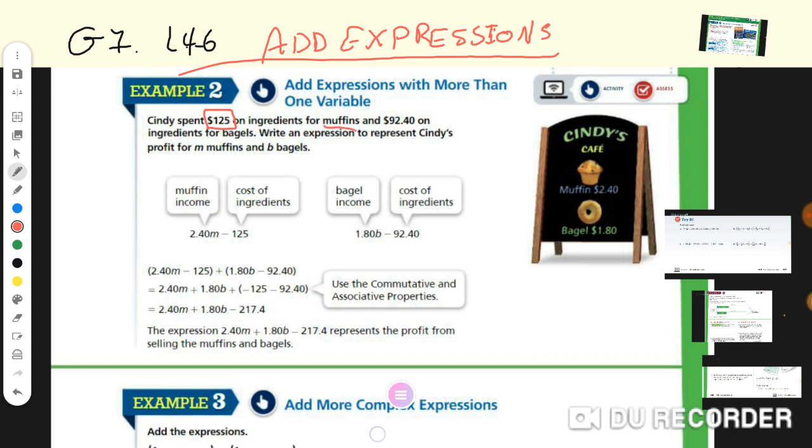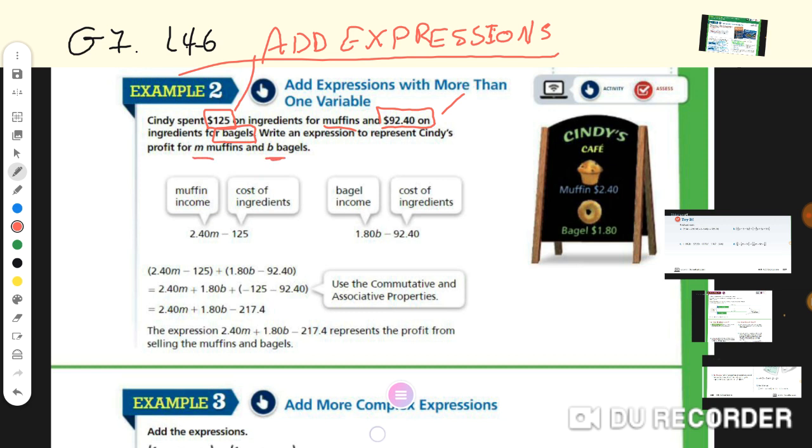And 92.4 on ingredients for bagels. So she pays at the beginning these two amounts of money. Write an expression to represent Sandy's profit for m muffins and b bagels.